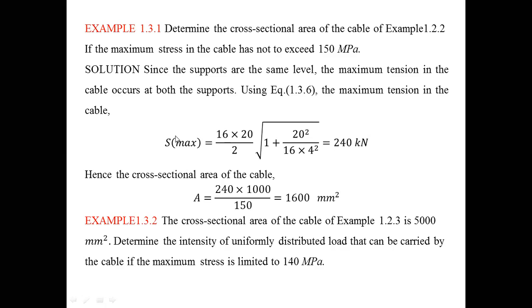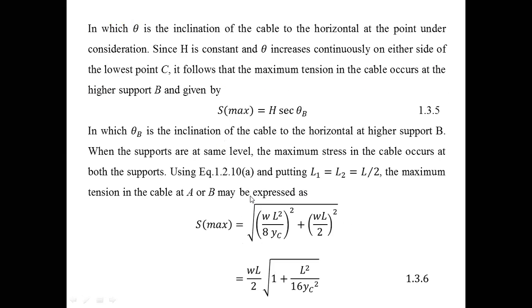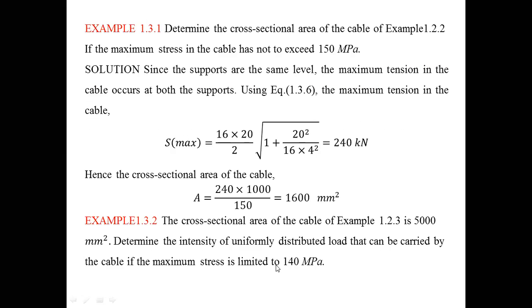You know the S maximum. Already I derived it here: WL by 2 into root of 1 plus L square by 16 YC square. Use that formula and find the S maximum. Once you know the S maximum, and the stress is given, load divided by stress will give the area. Like that you design the area of the cross section. Clear?